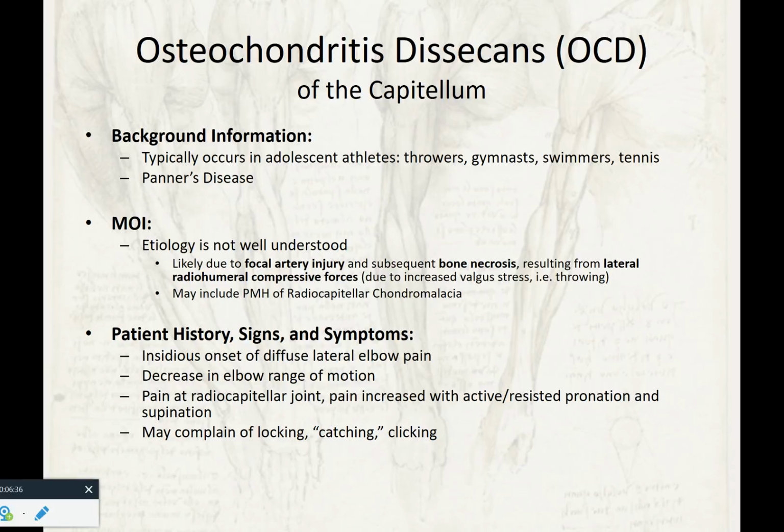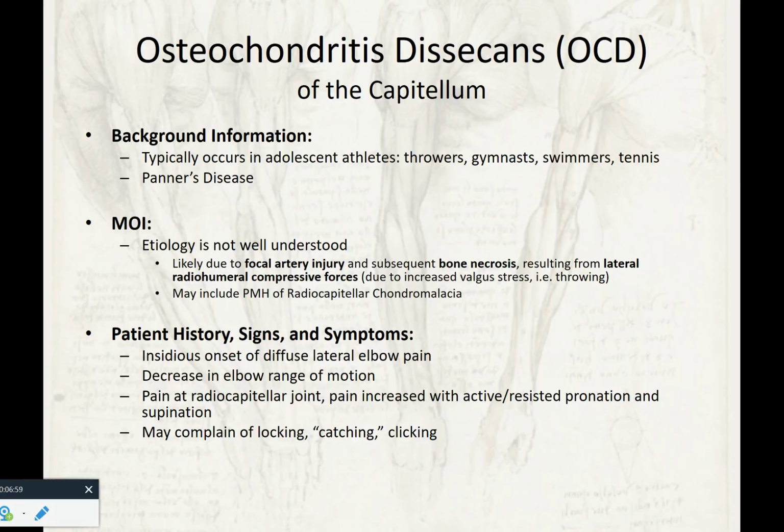I also want you guys to look up Panner's disease. If you don't know what that is already, I encourage you to look that up because these are very similar. The mechanism of injury is not well understood, but we know it's probably due to a focal artery injury to the cartilage and subsequent bone necrosis resulting from lateral radiohumeral compressive forces.